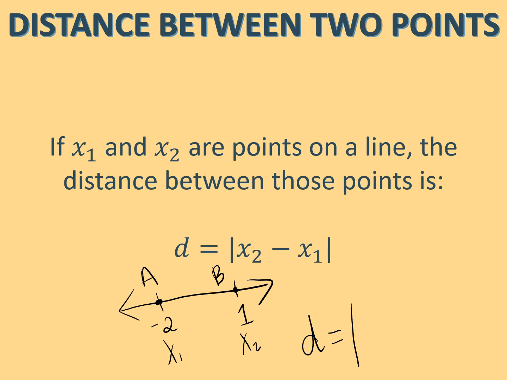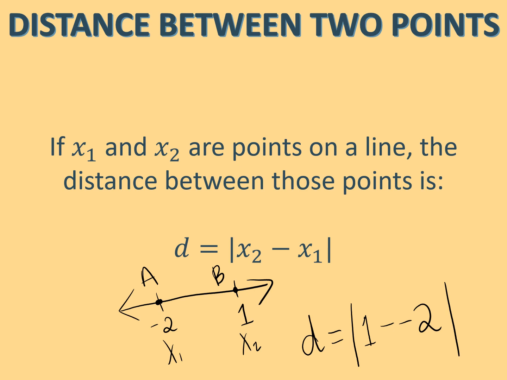So the distance equals the absolute value of x2, which is 1, minus x1, which is negative 2. Close the absolute values.